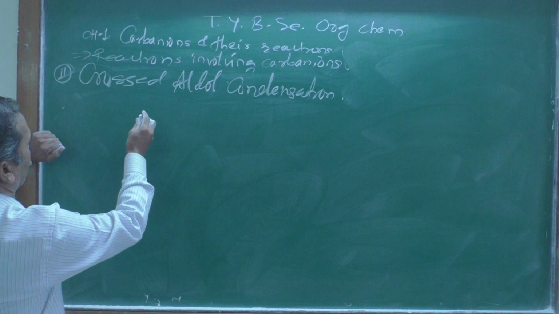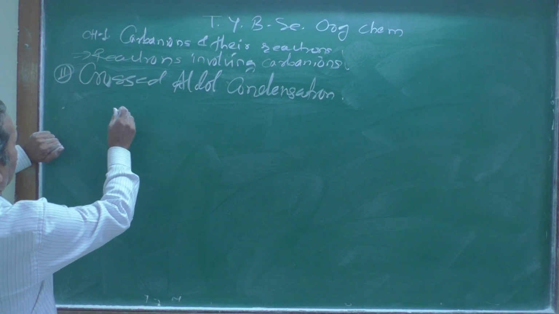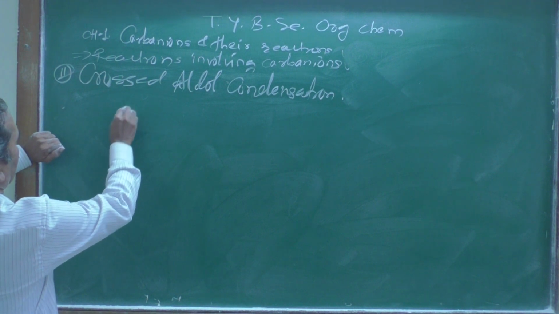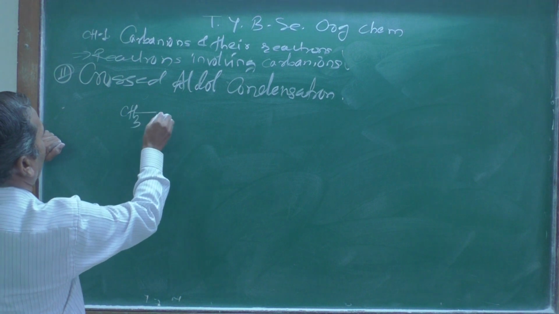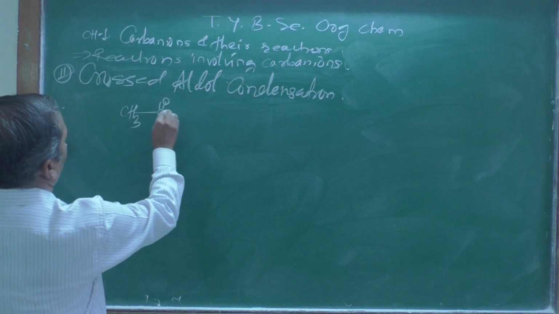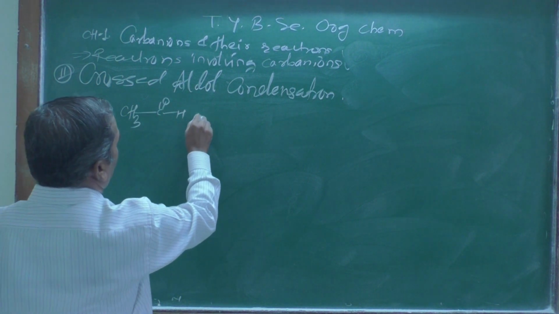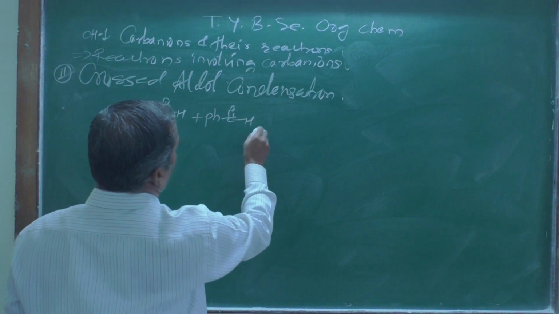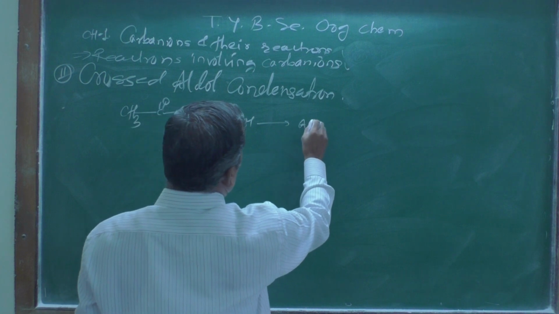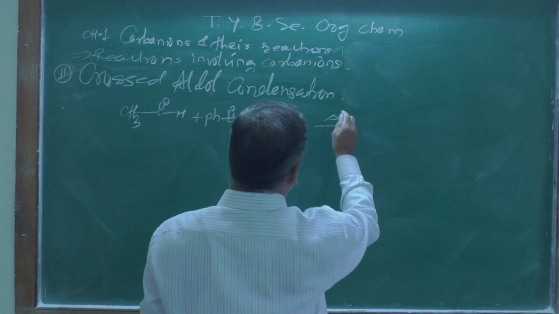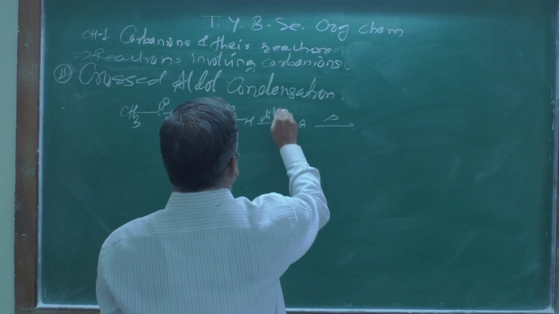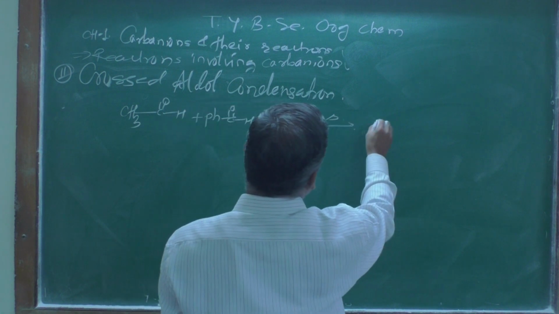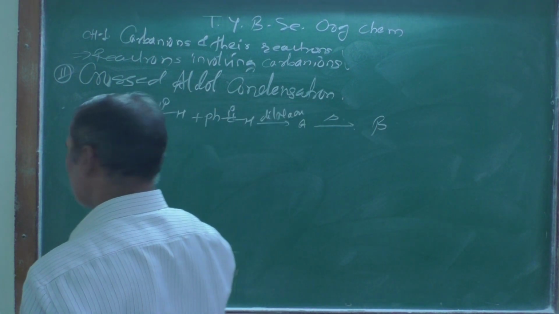Now let us see, I am taking one example over here: CH3, then C double bond O H, acetaldehyde, that will be treated with benzaldehyde, C double bond O H, as we know. Then predict the product A, and then further treated with heat, here dilute NaOH, and here will be the B.